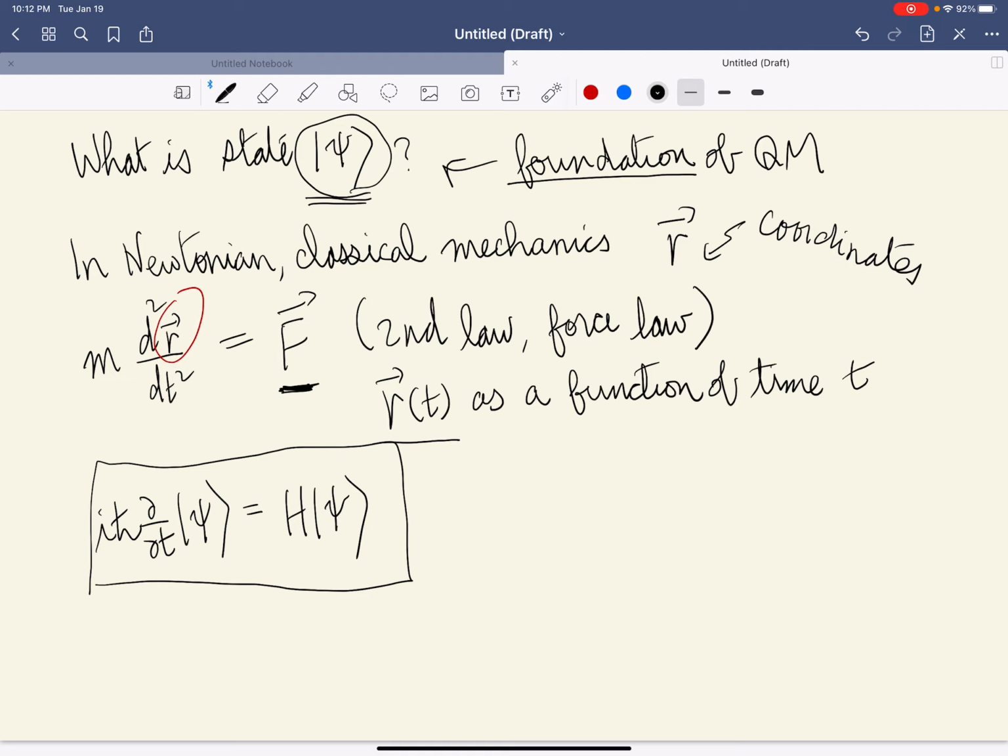But for now, we can say that as long as we know how to solve this, then what we learn from solving this Schrodinger problem is the way in which this quantum state will evolve over time, or as a function of time.